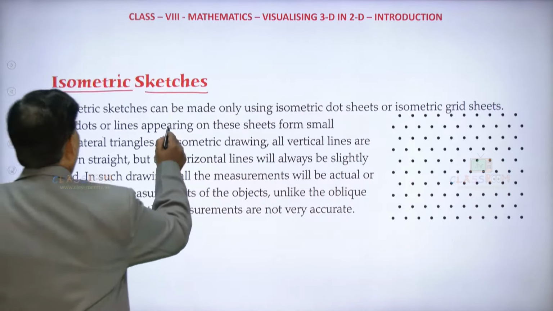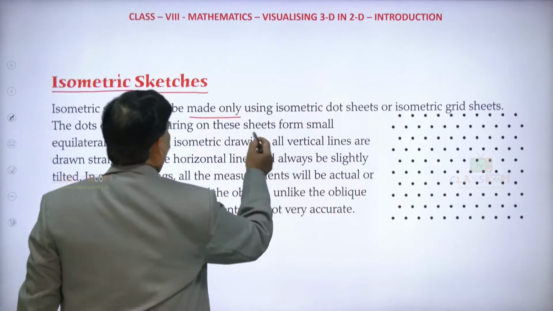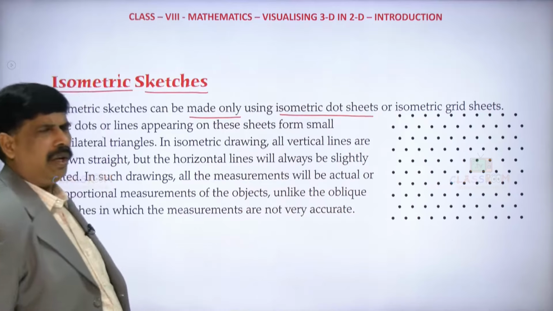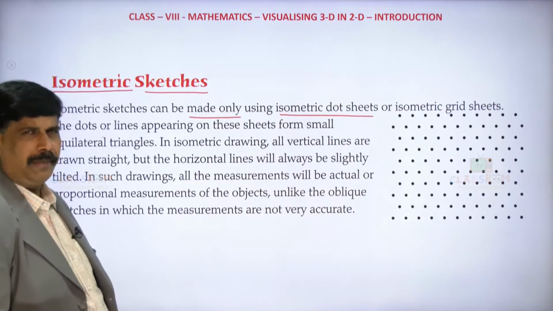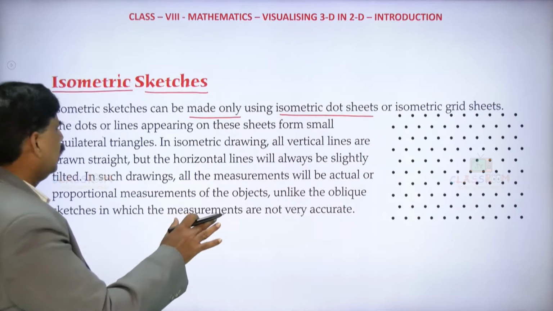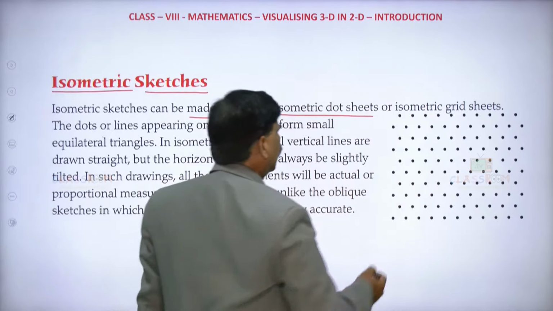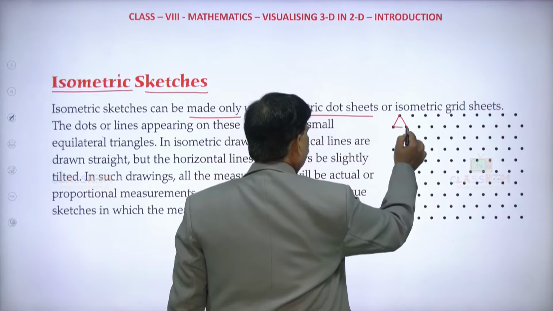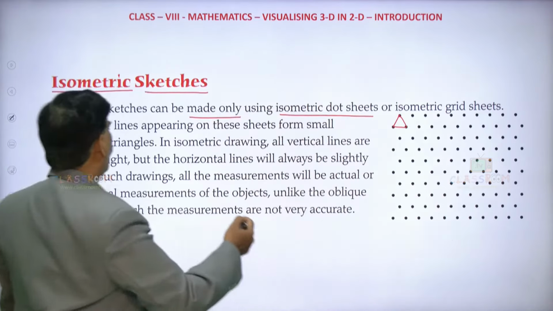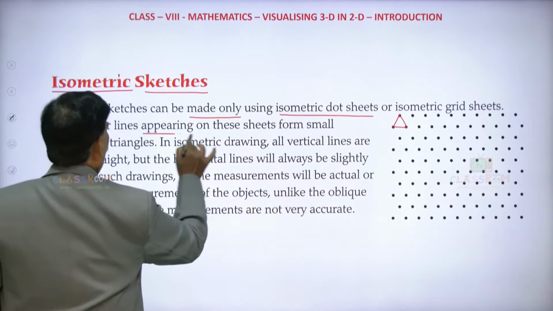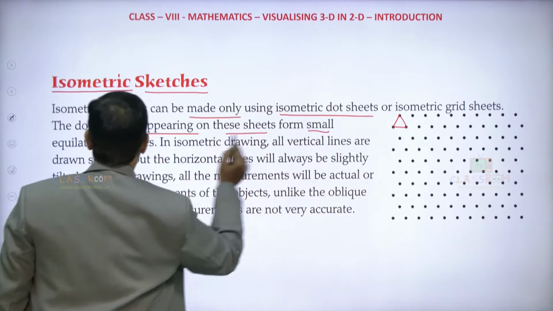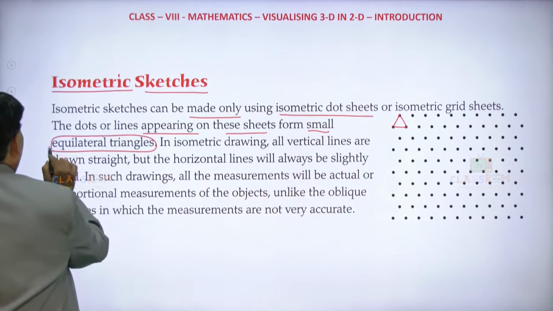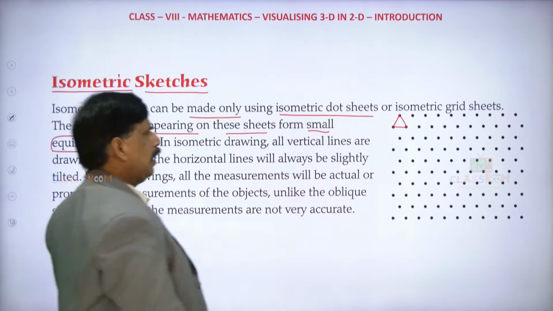Isometric sketches can be made only using isometric dot sheets, or of course we can call them isometric grid sheets. These dots appearing on the sheet form small equilateral triangles. Any three you take.